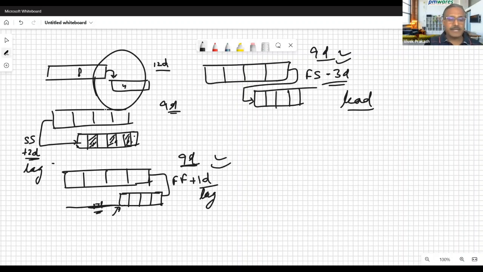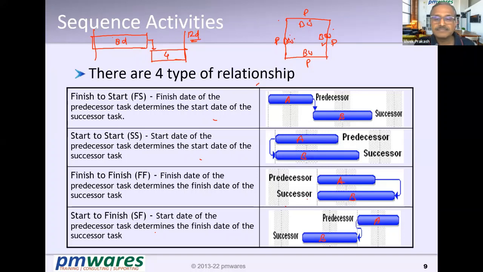Right? Let's go back. What will happen now? What about the last one? Any example for the last one? Have you seen some task starting, triggering the finish of another task?